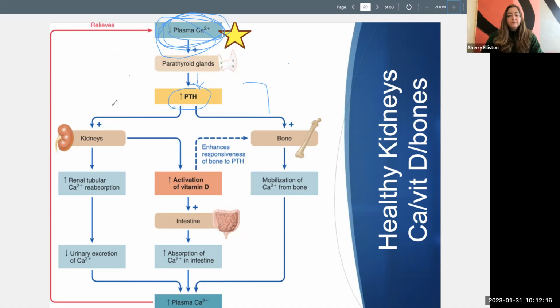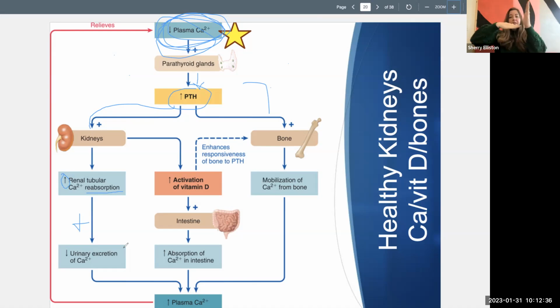So the kidneys will then increase the reabsorption of calcium, and they decrease urine excretion of calcium.